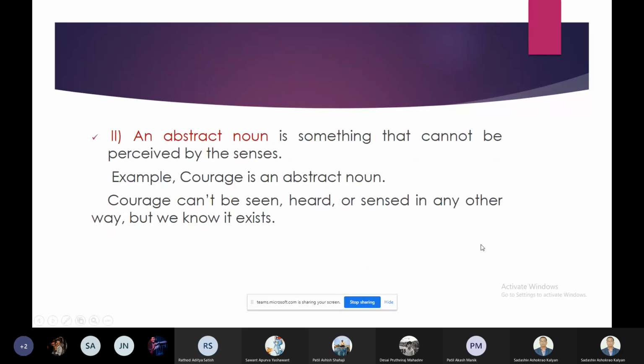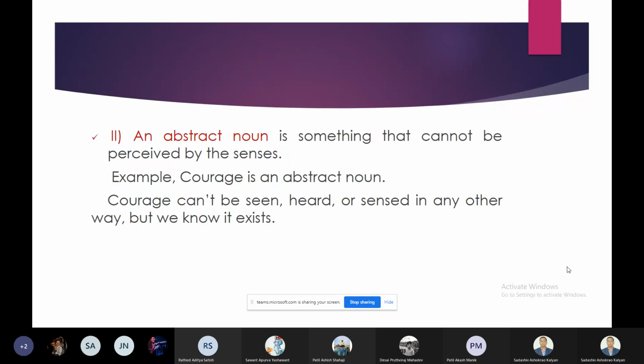Then, like the concrete noun, we also have an abstract noun. The abstract noun we can study in a comparative way with the concrete noun, which cannot be perceived by our senses. Here we are not able to see the courage. We are not able to see the fear.